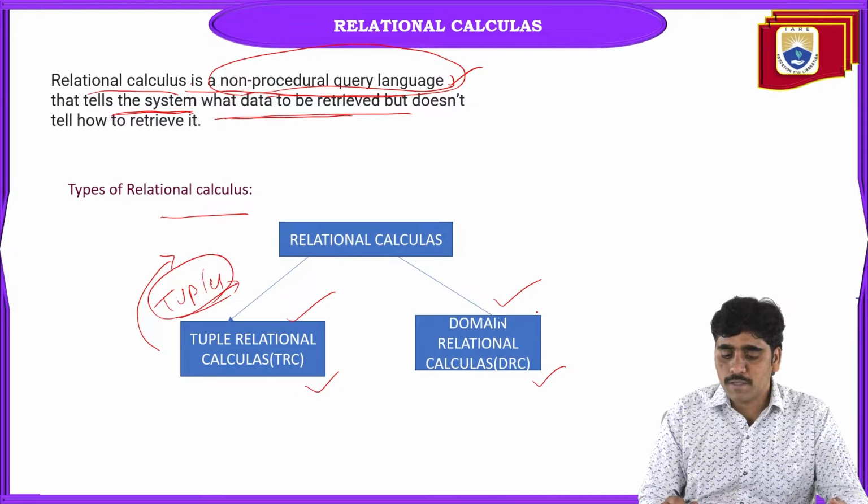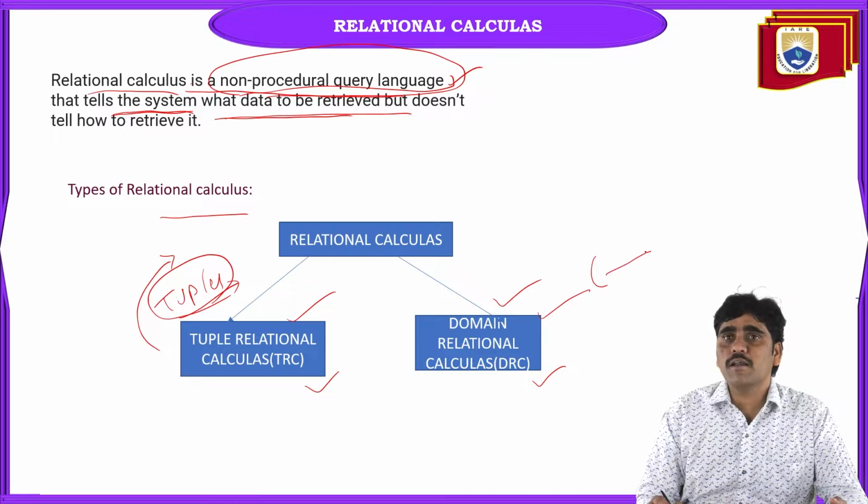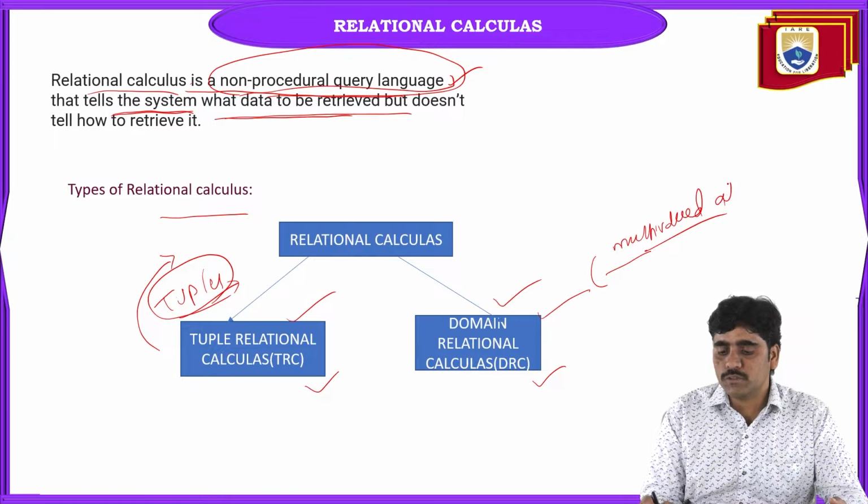But in domain relational calculus, you can combine more than two attributes, and based on those multi-valued attributes, you are going to display the result and write the non-procedural query.